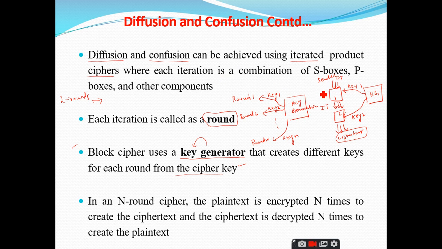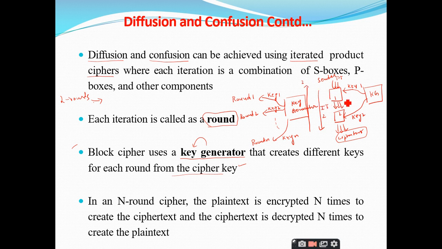From the sender side you will go like this, and at the receiver end you will go from bottom to top. You will be generating different keys, and at each and every block you are going to recover the plain text from the ciphertext, right. That is called decryption.